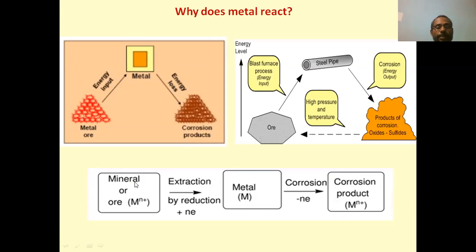The same has been explained here. Minerals that exist in the form of ions, through extraction by a reduction process, go to pure metal. Pure metal, when exposed to the atmosphere, undergoes corrosion and gives the corrosion product, which has less energy compared to the pure metal. So a metal has the tendency to react with its surroundings and go to the stable state.